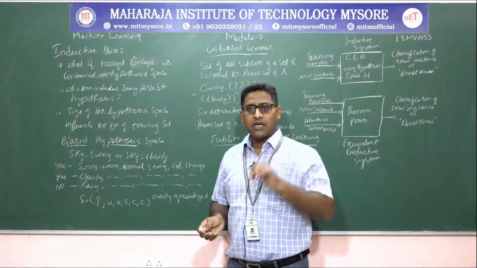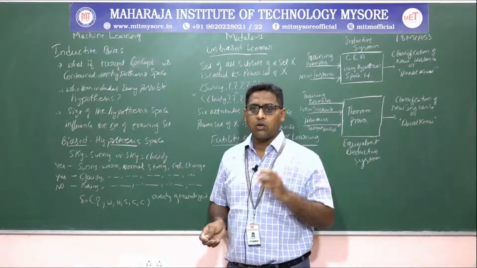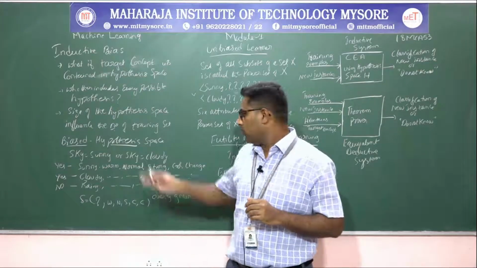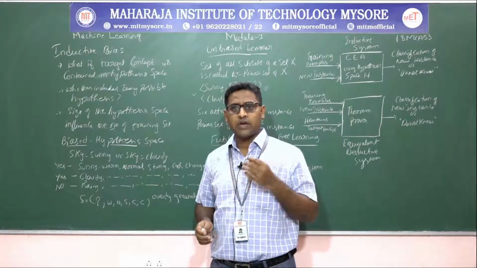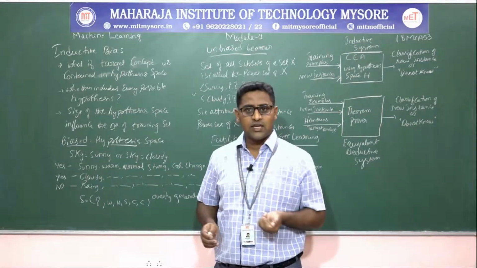So for the attribute sky, we have the specific value, either sunny or rainy, with respect to all the x1, x2, x3 and x4 instances.